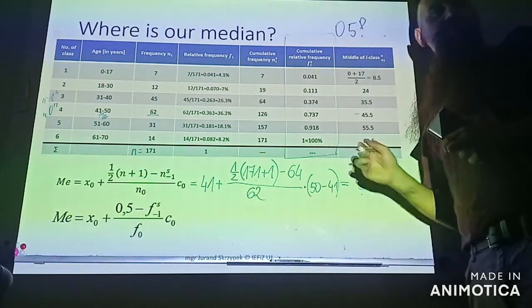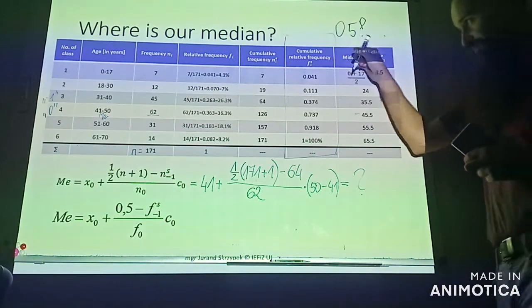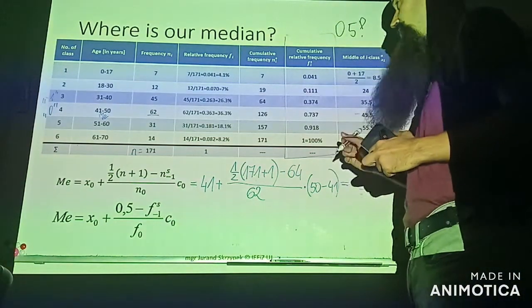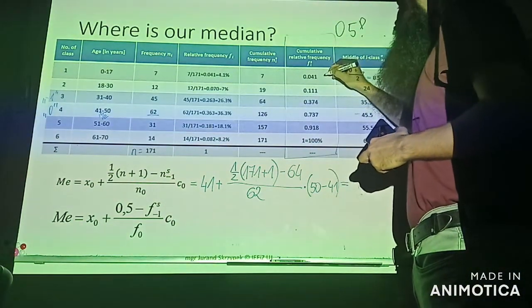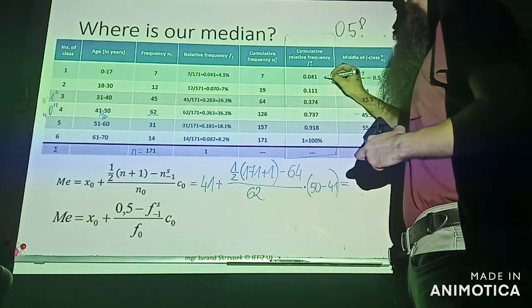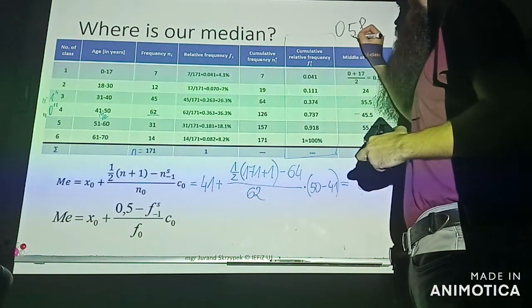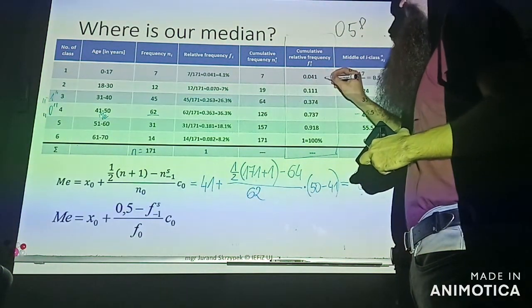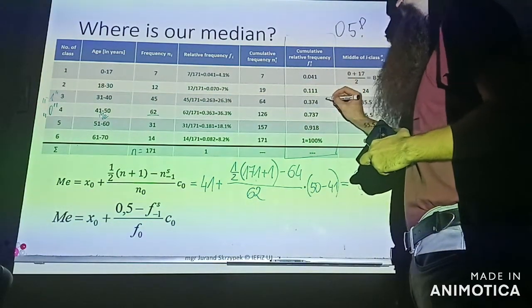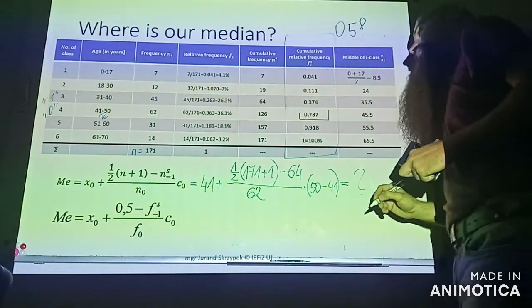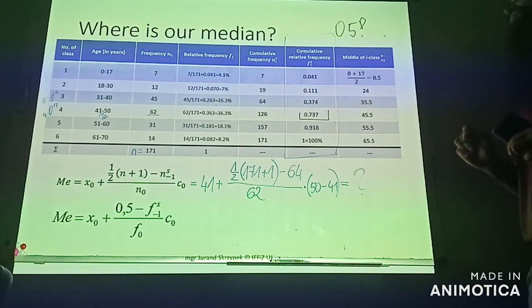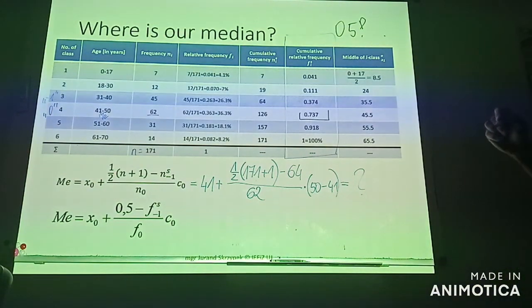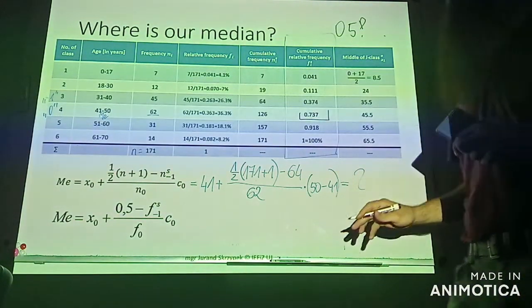So we are looking for the value, going down in the table, in which we have the value greater than 0.5 for the first time. Here, no, no, no, yes. Yes, this value is greater than 0.5 for the first time.